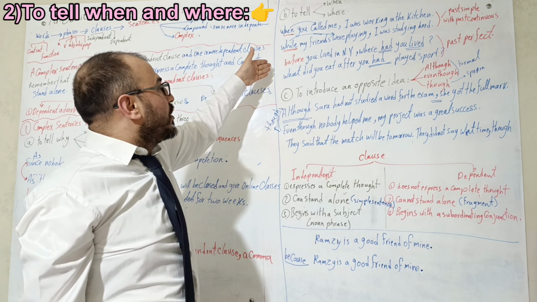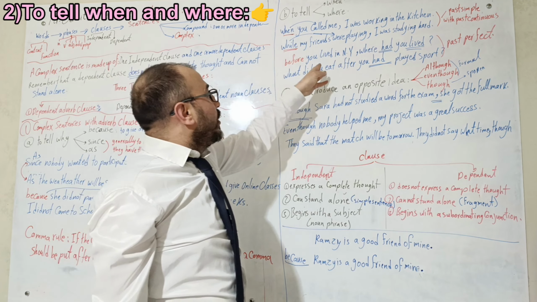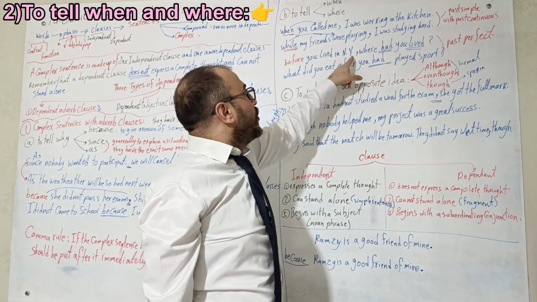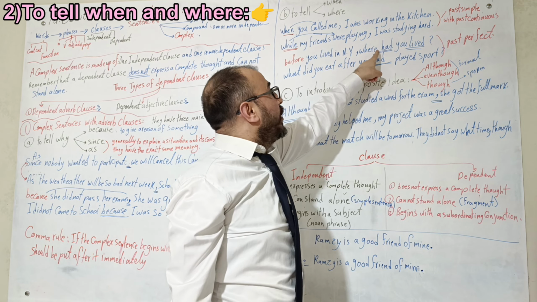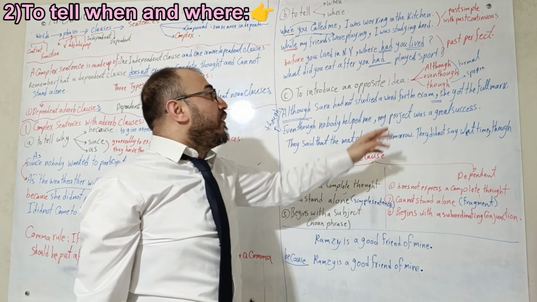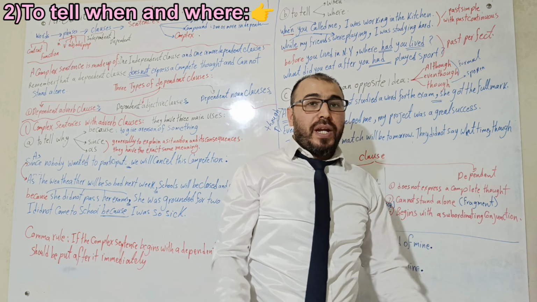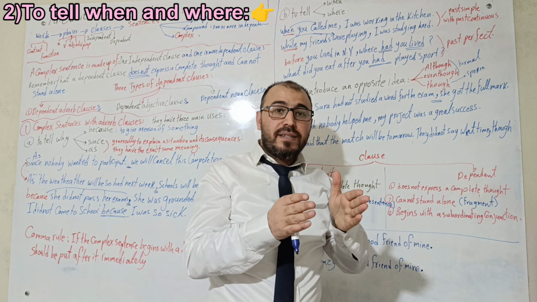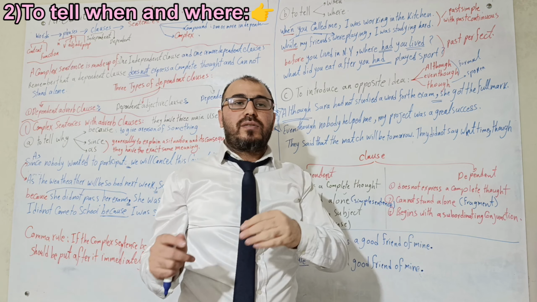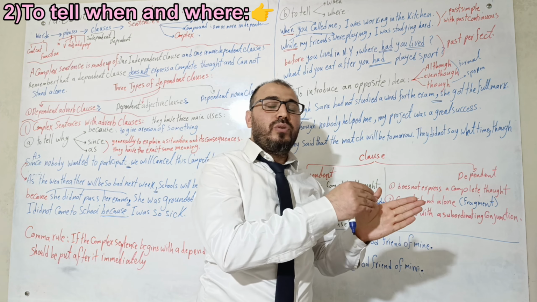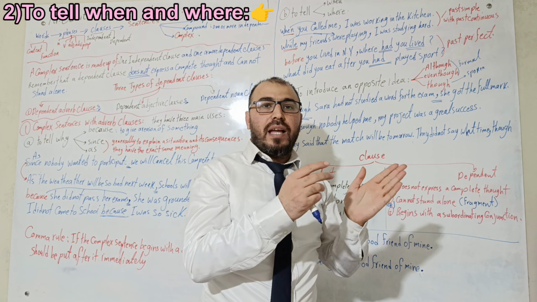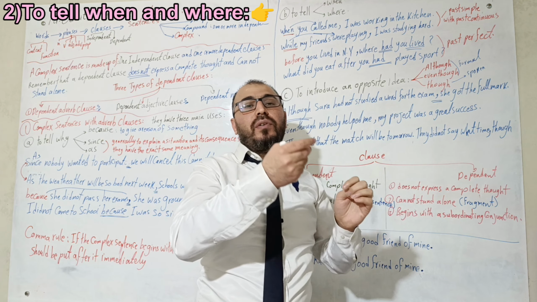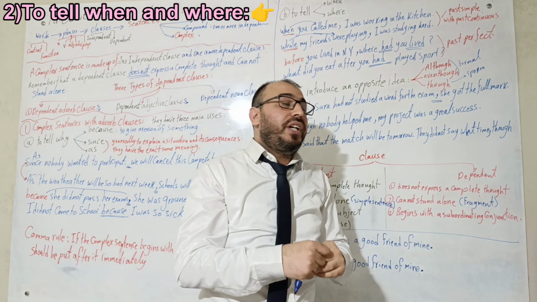Here, my friends, the other example: before you lived in New York, where had you lived? Here I am linking the past perfect with the past simple. Generally, the past perfect means the past of the past. We use the past perfect to express an action that happened in the past before another action.